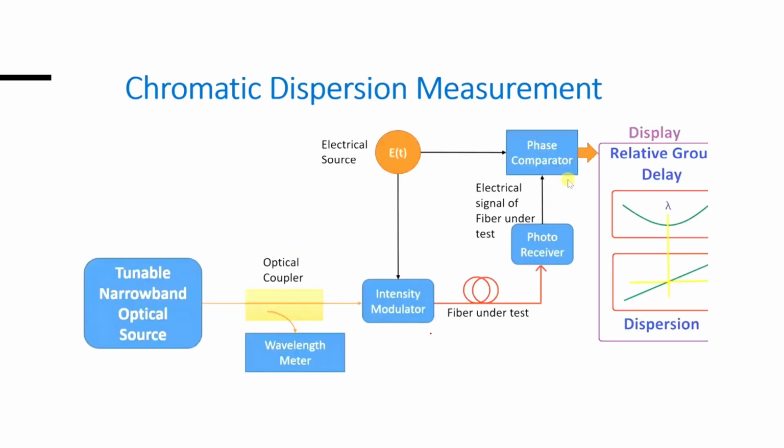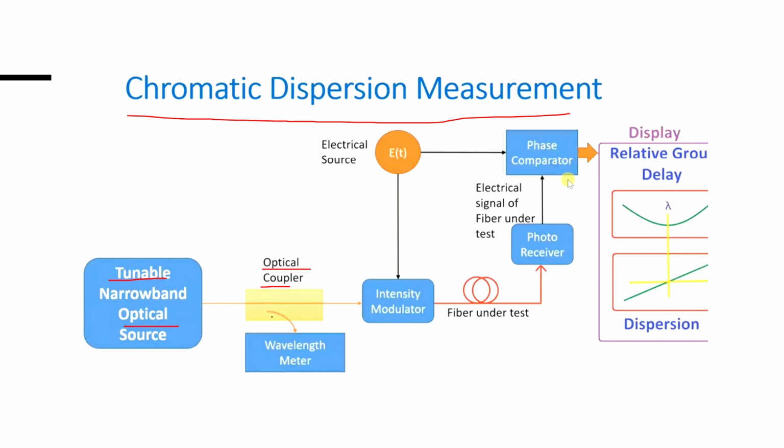Now for the intramodal dispersion measurement, that is the chromatic dispersion measurement. Chromatic dispersion measurement happens in single mode optical fiber. For that we have the tunable narrowband optical source. It is used to generate the single mode laser signal, and this signal is given to the optical coupler.